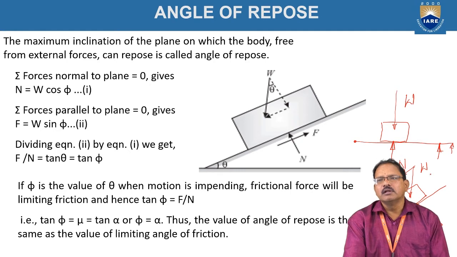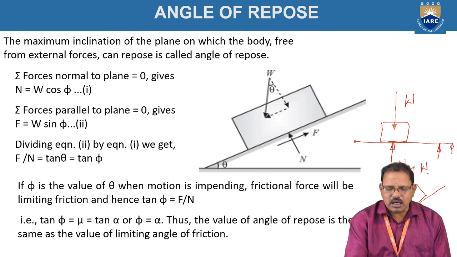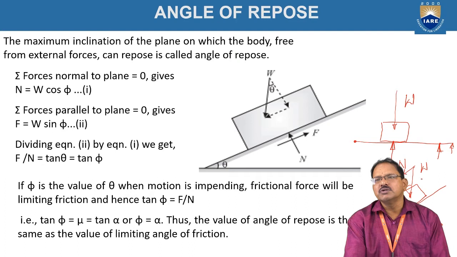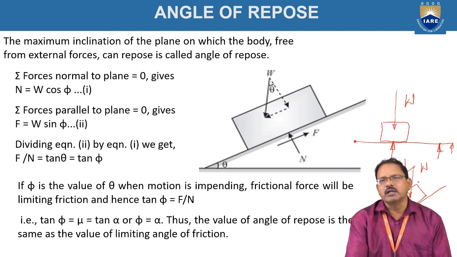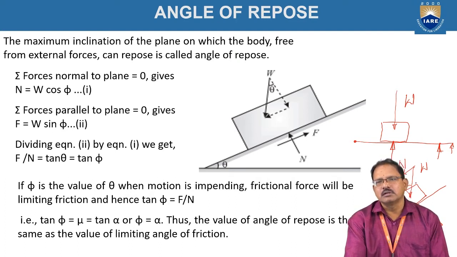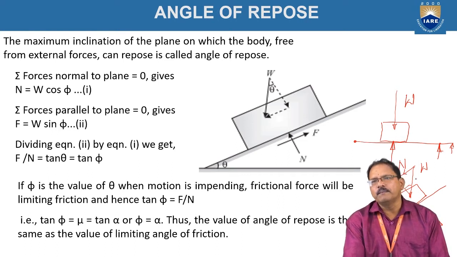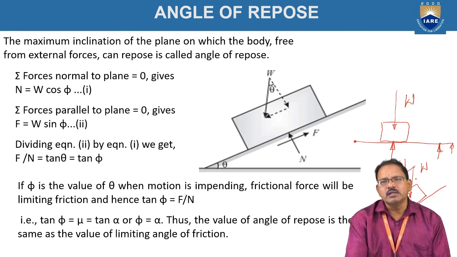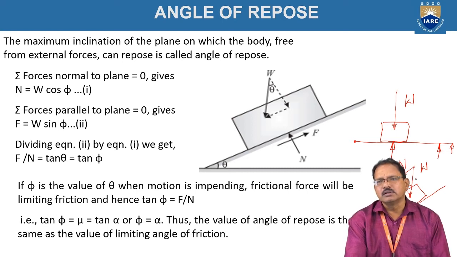This perpendicular component, W cos theta, is balanced by the normal reaction, and the component along the plane, W sin theta, tends to slide the body downward. So the inclination of the plane with the horizontal at which the body tends to slide downward is called the angle of repose.